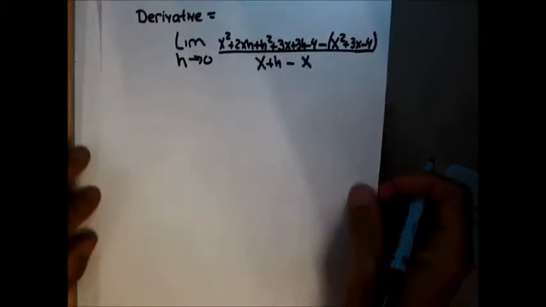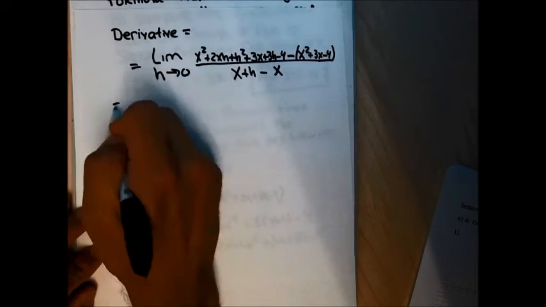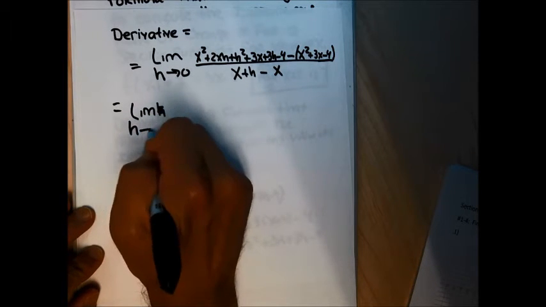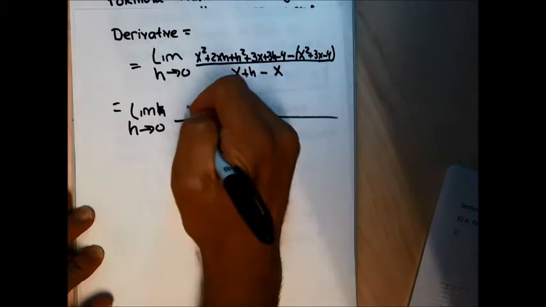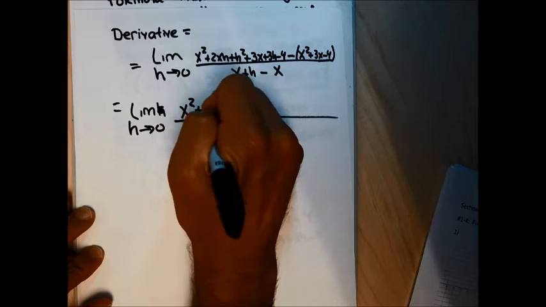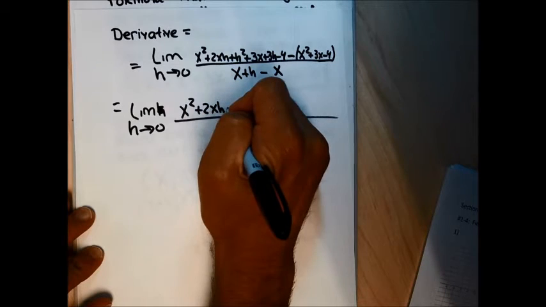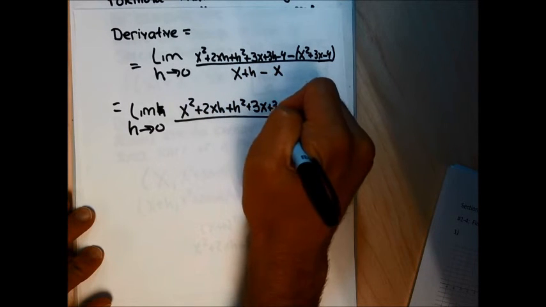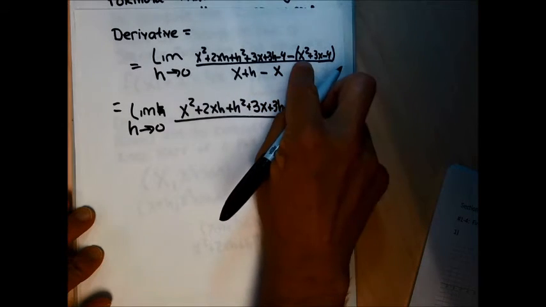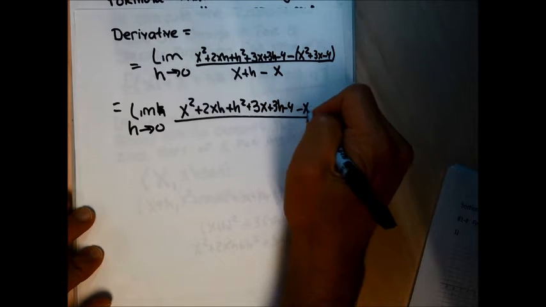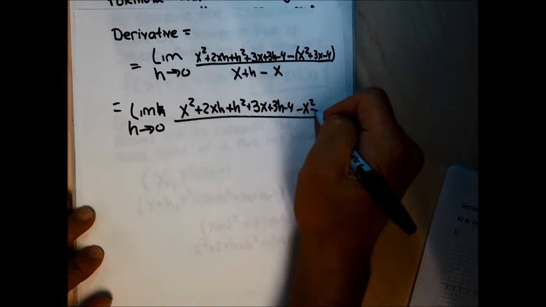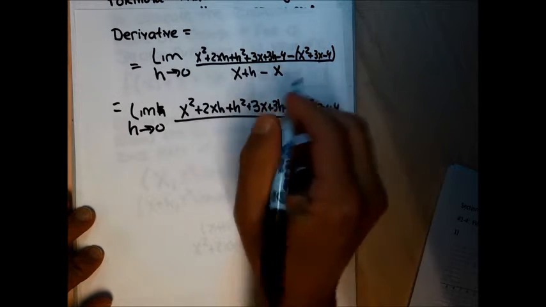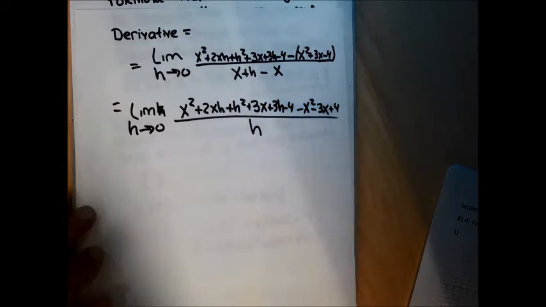So now I'm going to get equals the limit as h goes to 0 of, I'm going to clear the parentheses in the numerator by changing some signs. So I'm going to get a minus x squared, change the plus 3x to a minus 3x, and then change the minus 4 to a plus 4, and then the denominator is going to come out to be an h.